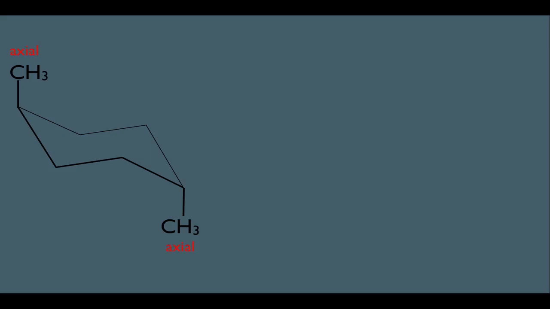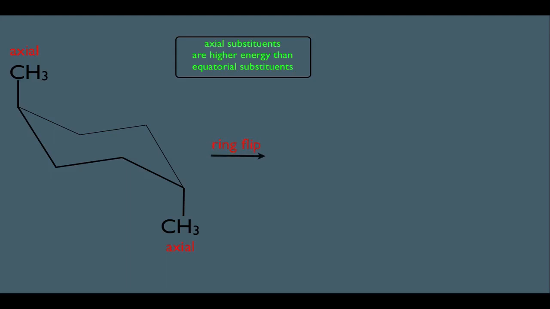Now remember, we know that axial substituents are higher energy than equatorial substituents. So if we drew this structure, this would be higher energy than the previous one we drew. But remember, we know this principle, that chairs have the ability to ring flip. And the principle is, ring flipping this chair would cause all the axials to become equatorial and all the equatorials to become axial.